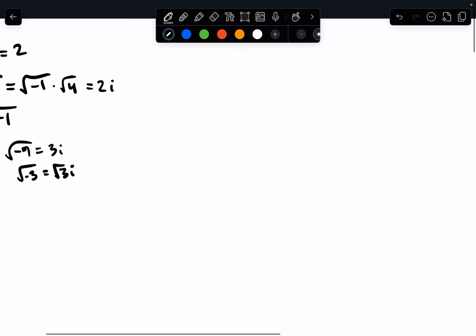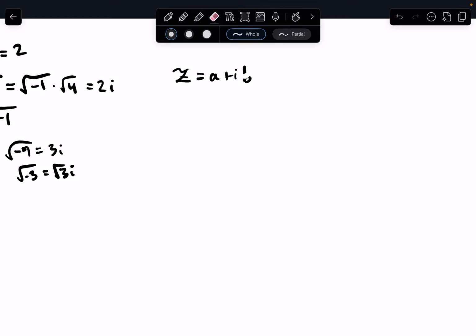So typically we like to define it with the letter z, such that there exists some complex number z in the complex domain, which is equal to some real part a plus some real part b times the imaginary part i.